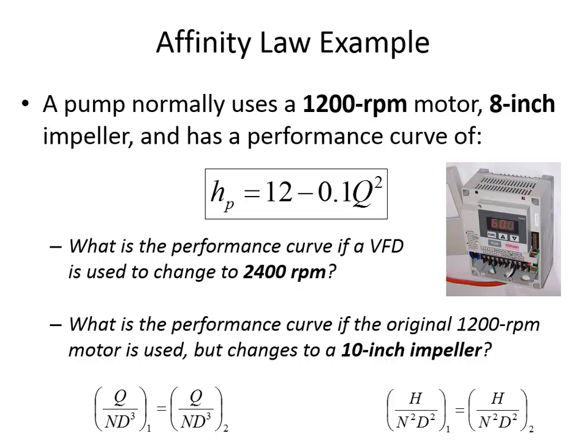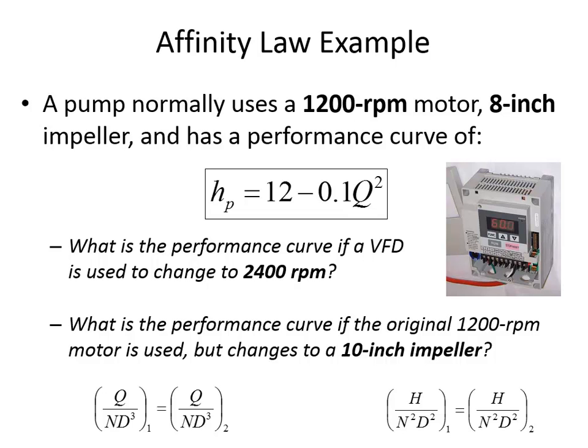So if we substitute both of those into the original performance curve like we did before, so instead of H1, we're going to have 0.64 H2, and then we'll have 12 minus 0.1 times Q1, and instead of Q1, we'll substitute in 0.512 Q2 and square that.